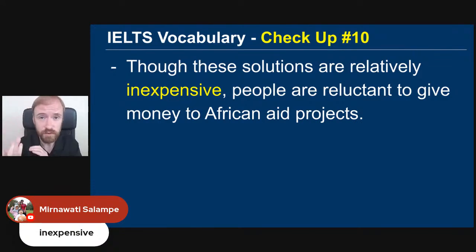The solution to their problem is not expensive. So what the sentence is saying, though the solutions are inexpensive, people are reluctant to give money. So it's inexpensive, but still people do not want to give money to African aid projects. So that's what it's trying to say. And that was difficult. So yeah, you got to be careful.